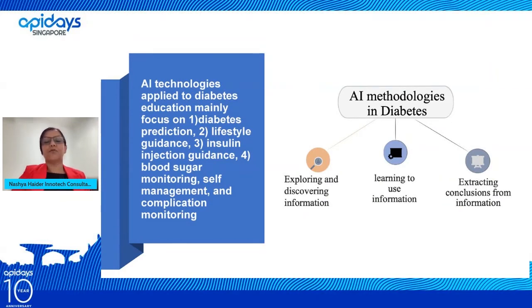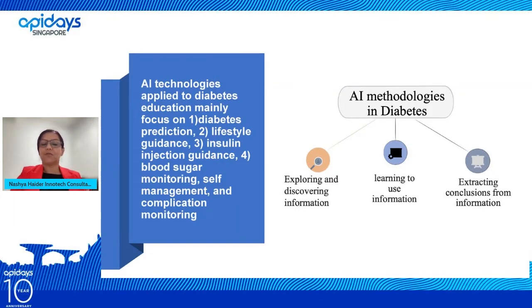And these are the four main areas where I feel that AI methodologies and AI technology can be applied for diabetes management and education. So the first area is diabetes prediction, lifestyle guidance, insulin injection guidance, and blood sugar monitoring.